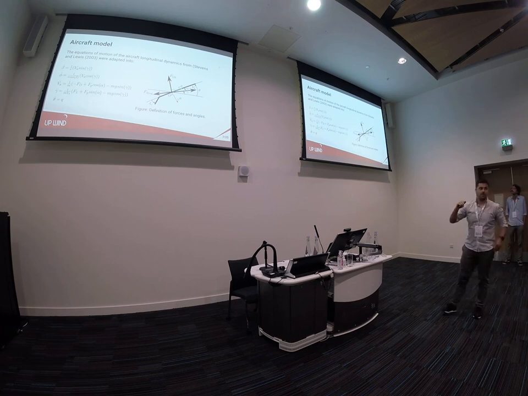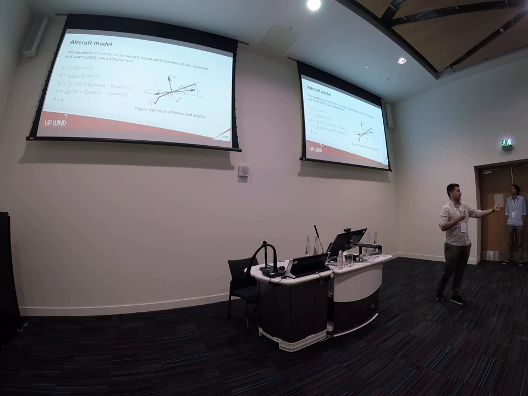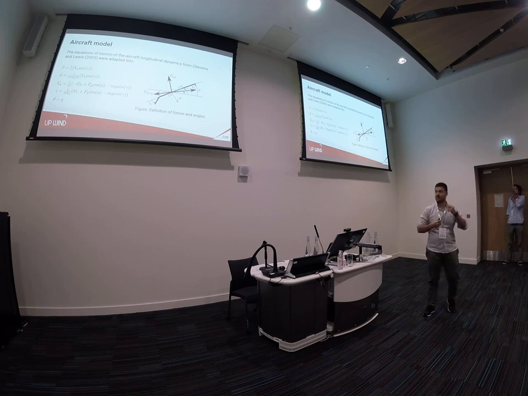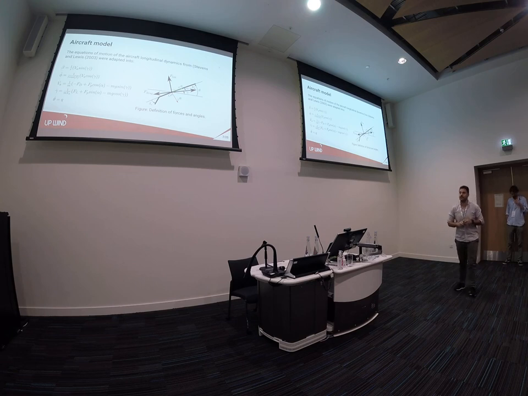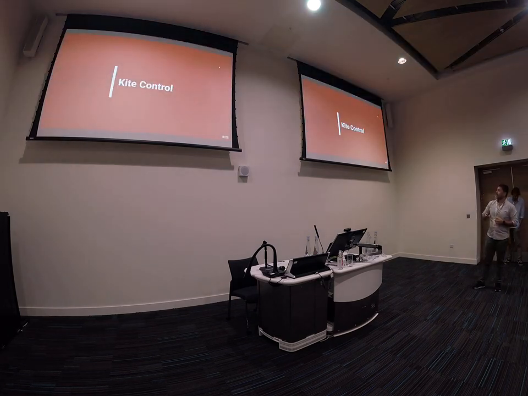Since the kite has a tether on its wing, we can have the equations for the 3D motion, like the phi dot and beta dot. With that, we can create a 3D simulation and not just the longitudinal dynamics of the kite.